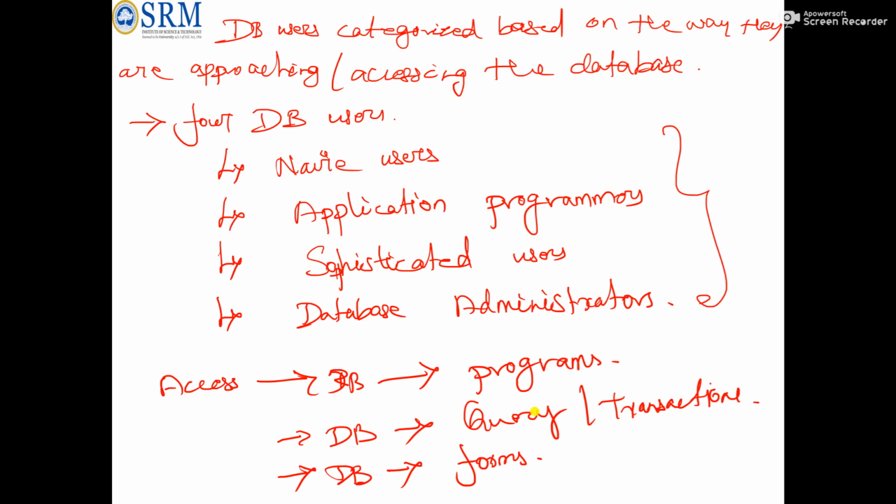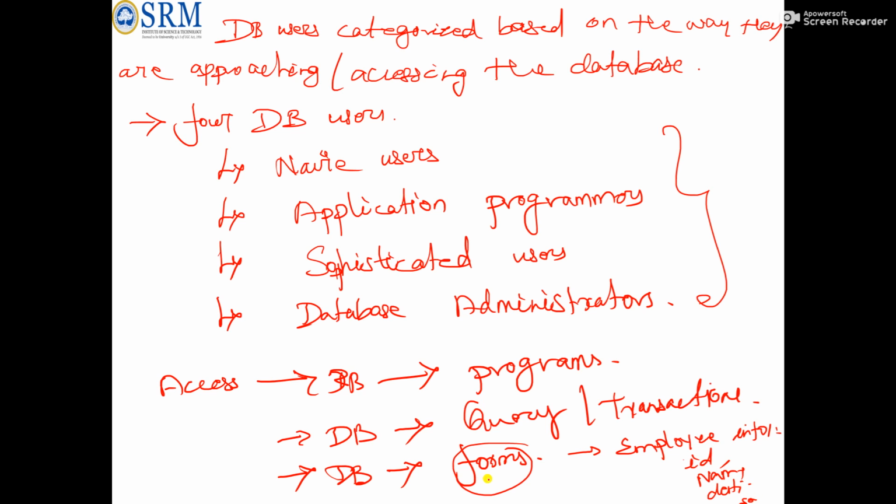Say for example, if any clerk or HR assistant of the industry wants to include employee information, the DB will generate a form for the employee details: employee ID, name, designation, salary and address.